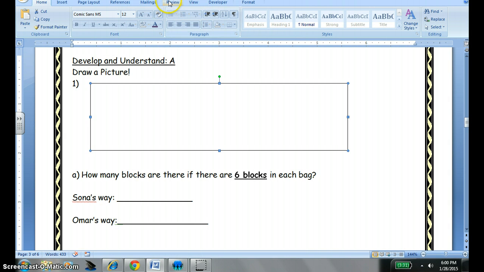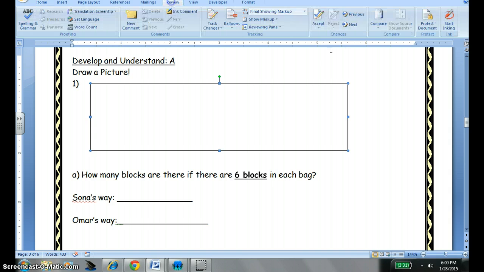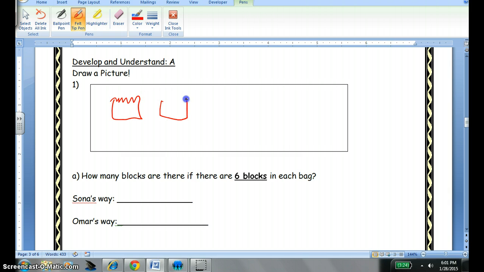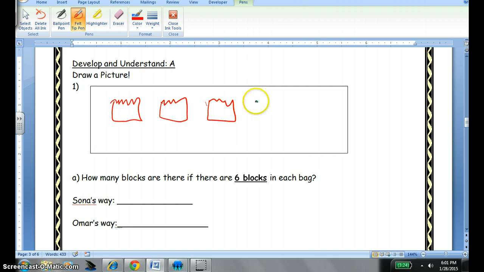I'm going to go to my drawing tools, and let's see if I can do this. So I'm going to just draw those 4 bags. Here's one bag. Another bag. Another bag. And another bag.